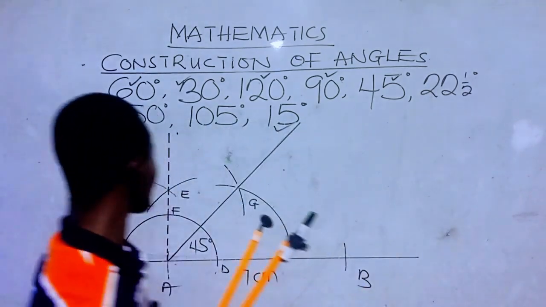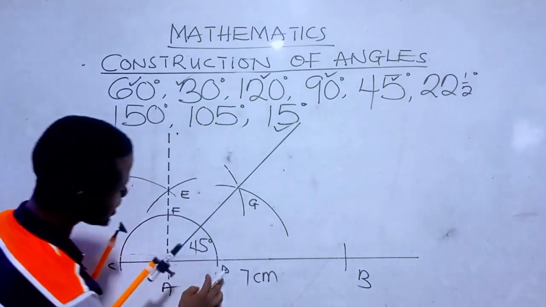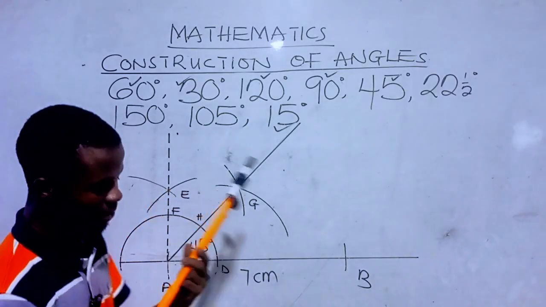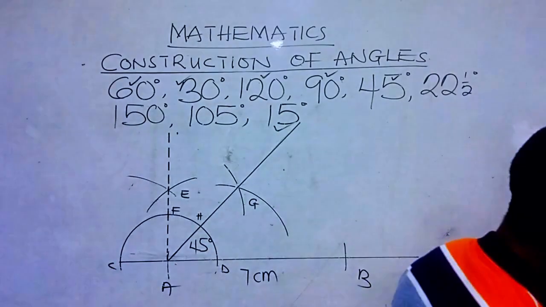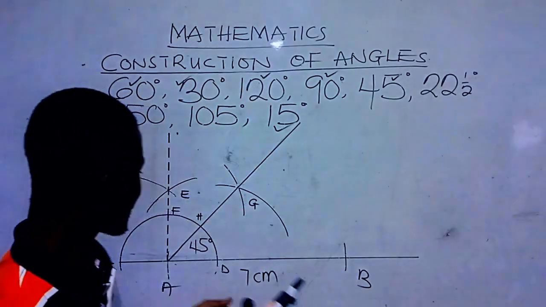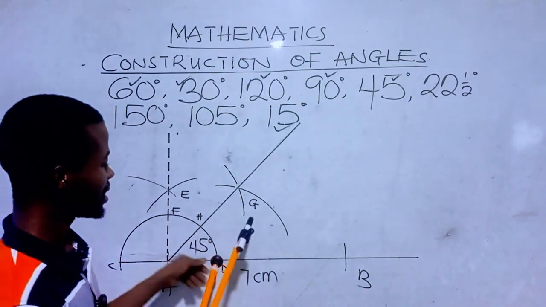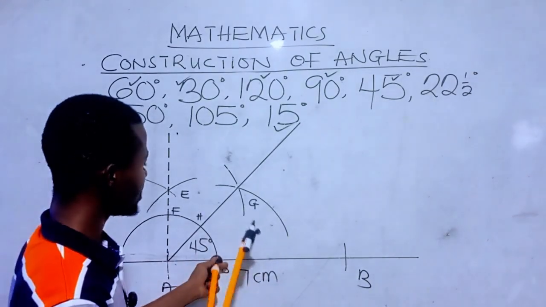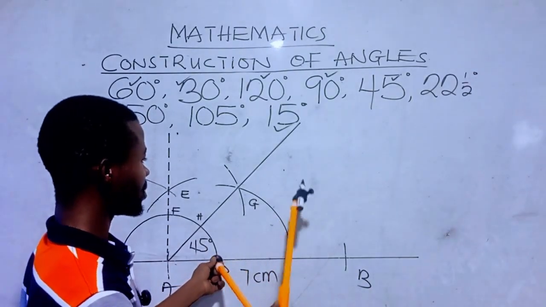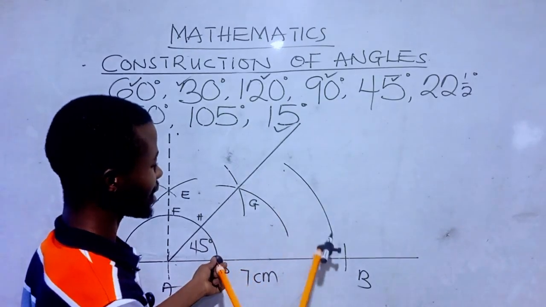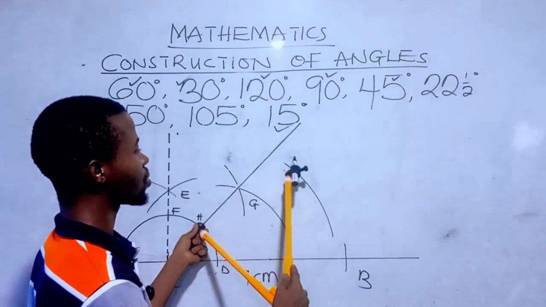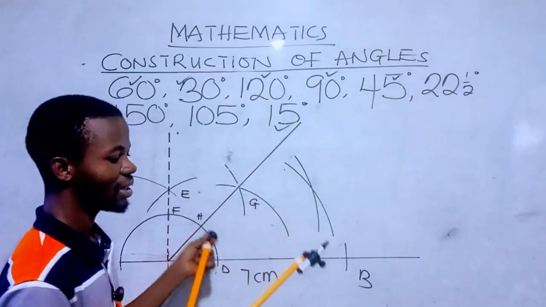You will stand at D, and let me call this H. After going through the same process, you will stand at D. I'm bisecting the 45 degrees. So I'll stand at D, I'll open a reasonable radius, so I make an arc. Then I'll go and stand at H, and I'll make an arc to cross the first one, like this.